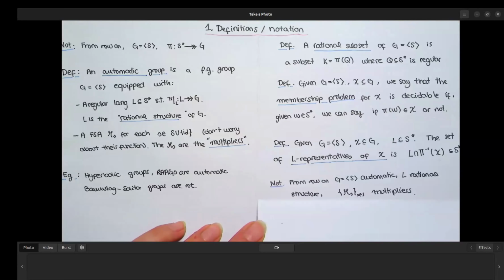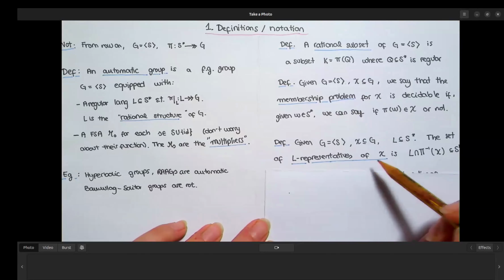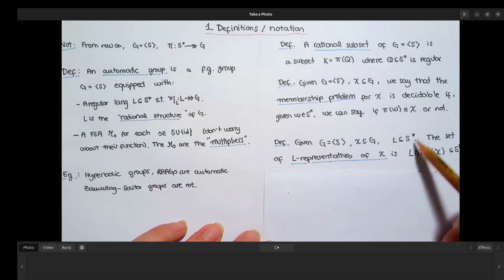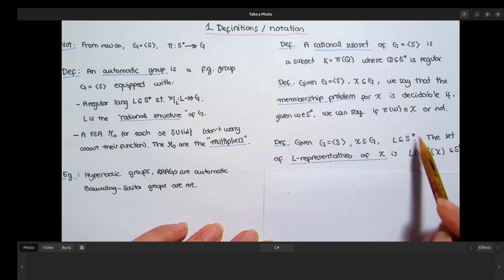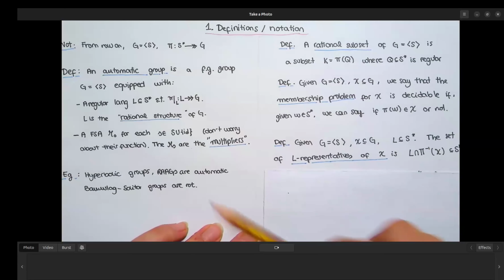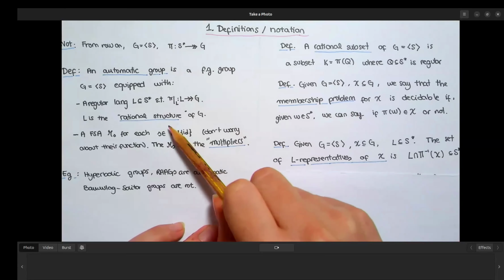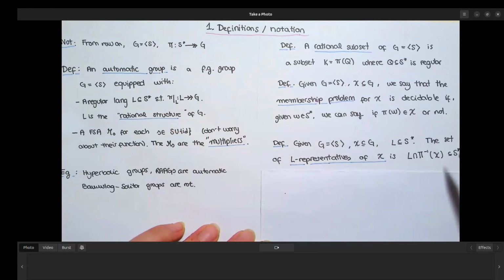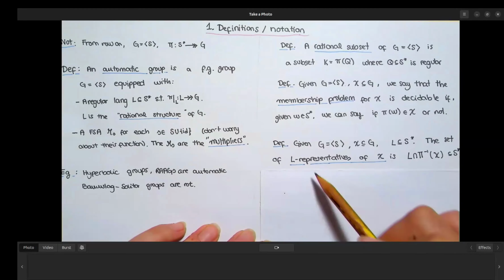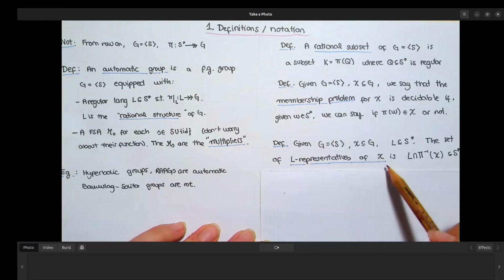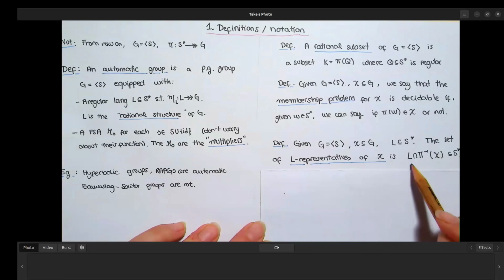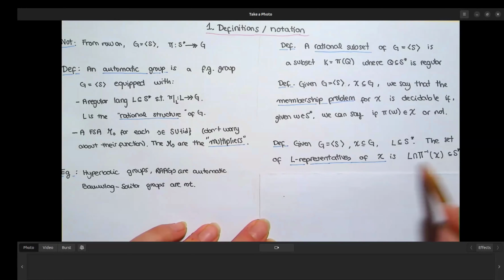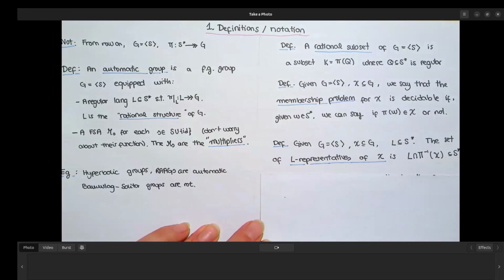And given any subset of a group and given any language over the generators, but in practice it is going to be applied to the rational structure, so it's not going to be any language, the set of L representatives of such a subset is the set of words in L that project onto X. So the definition is just L intersection the preimage of X.